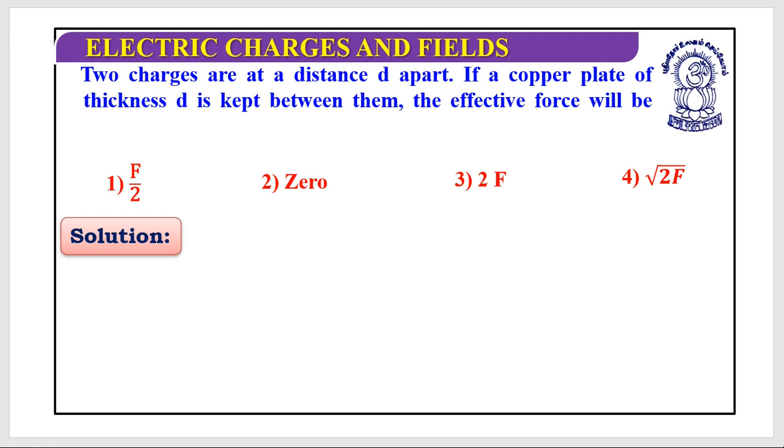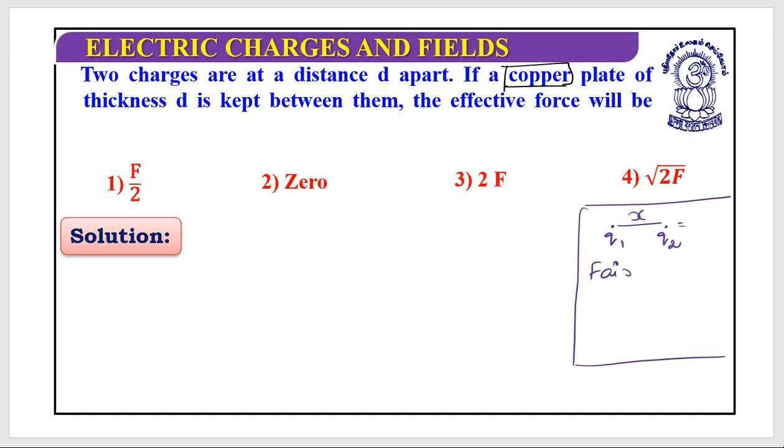The charges are at a distance d apart, and if a copper plate of thickness d is kept between them, the effective force will be. Before we go on, this must be clear in your mind. Let's suppose this is q1, this is q2, and their separation is x. Then the force F in air would be equal to k multiplied by q1 multiplied by q2 divided by x square.